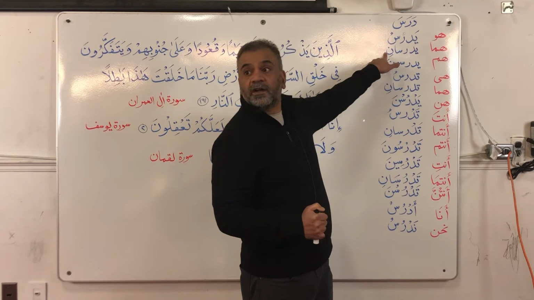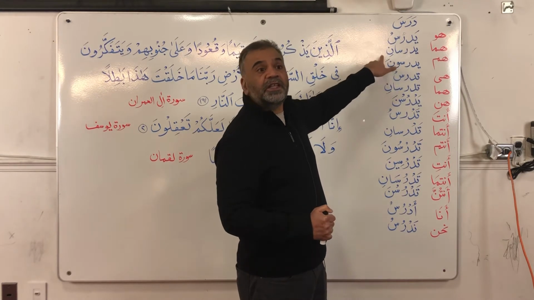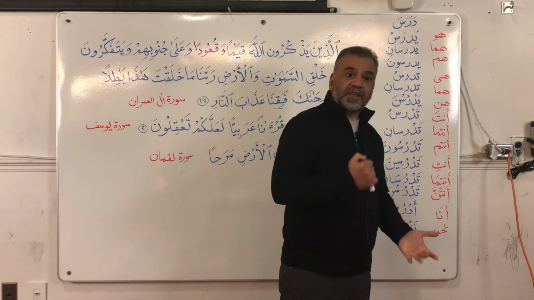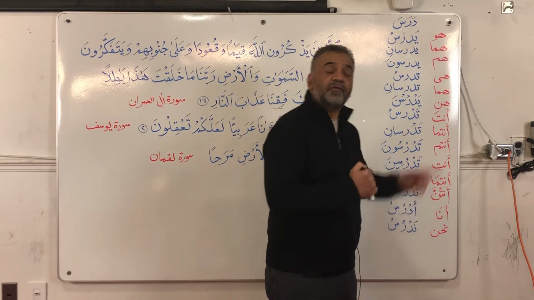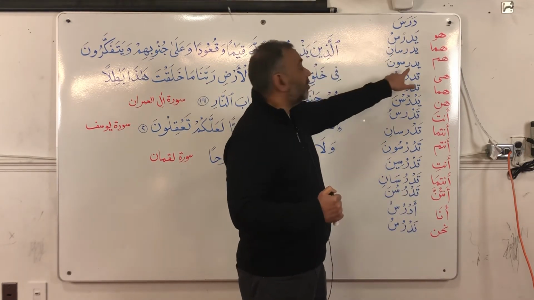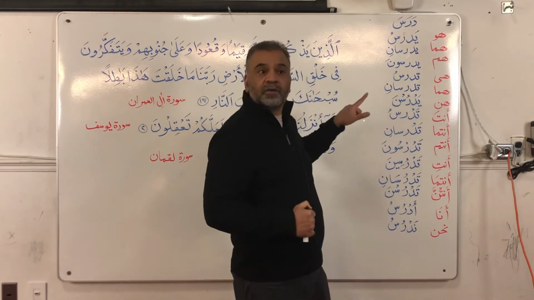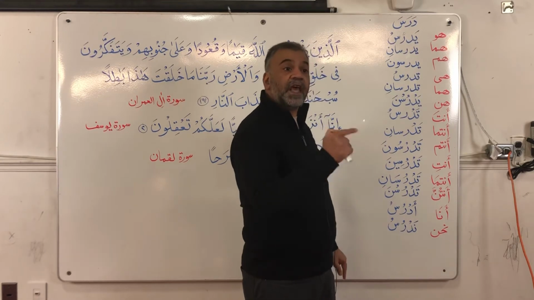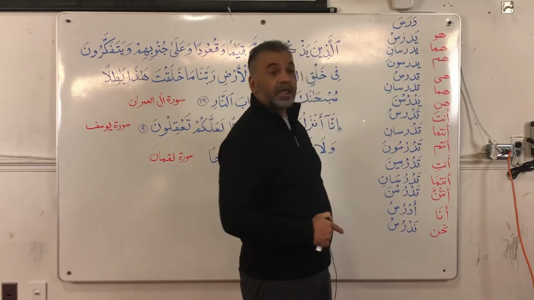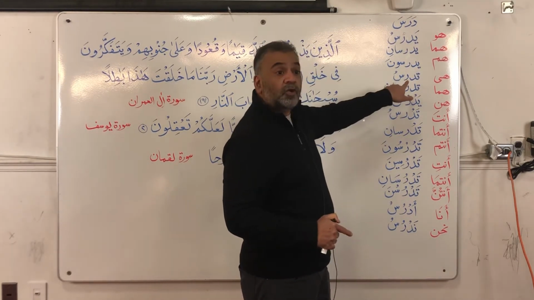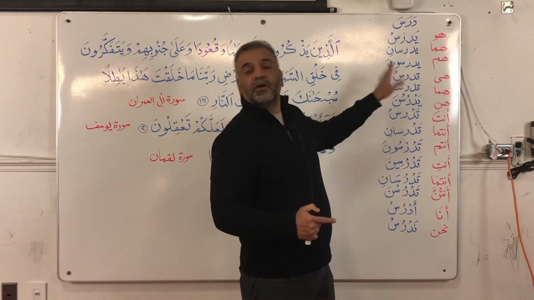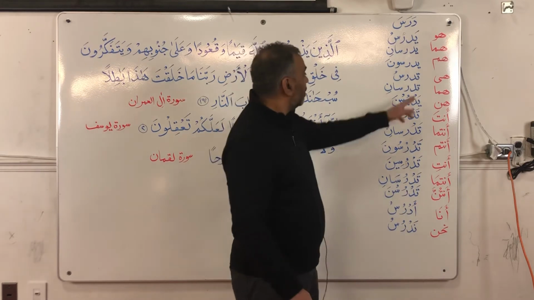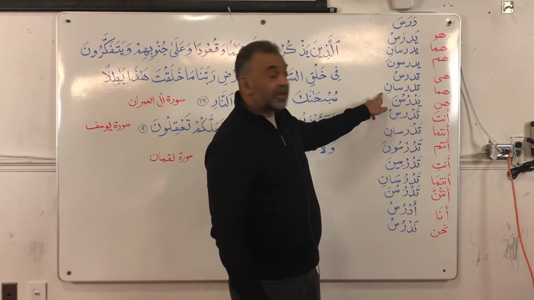Noon is there, so this is my indication that this is marfu. Thubut means evidence. Yadrusuna, it is marfu by the evidence of noon being there. Now noon is not there, but damma is the sign, right? Marfu. Noon is the sign.